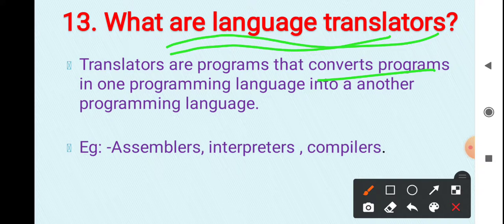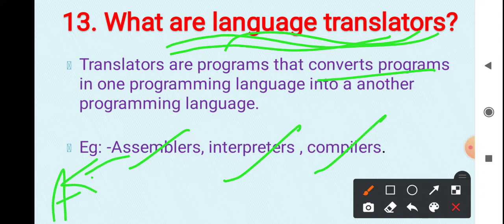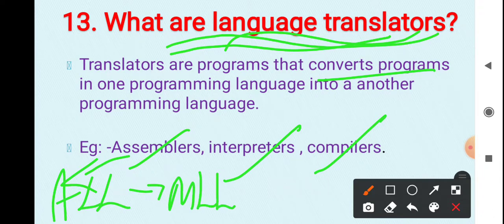So programs are always translated from one programming language to another, and then it is called a language translator. For example, it may be an assembler, interpreter, or compiler. What will the assembler do? It will convert assembly level language to machine level language. That is done by the assembler.